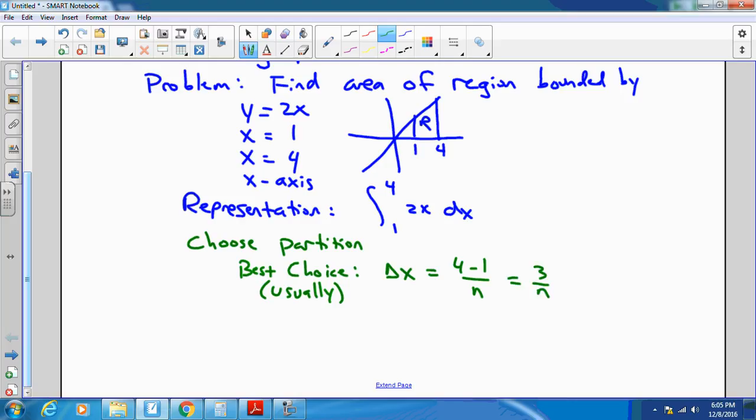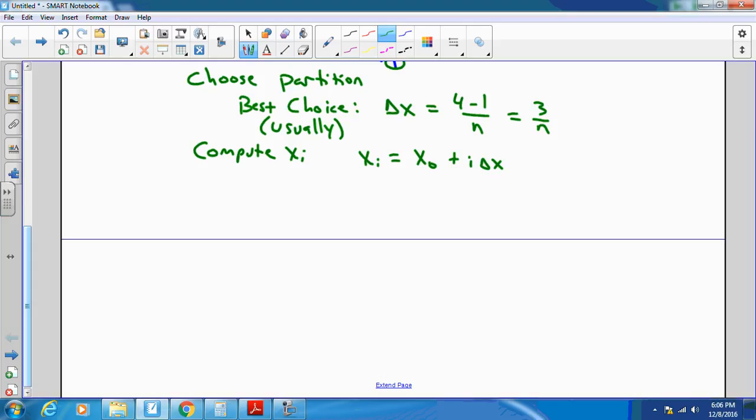And so we've found a delta x, and now the x sub i have to be computed based on that delta x. Since my delta x is an even-sized partitioning scheme, therefore the x sub i are going to be equal to the initial x value, that is 1, plus i times delta x.